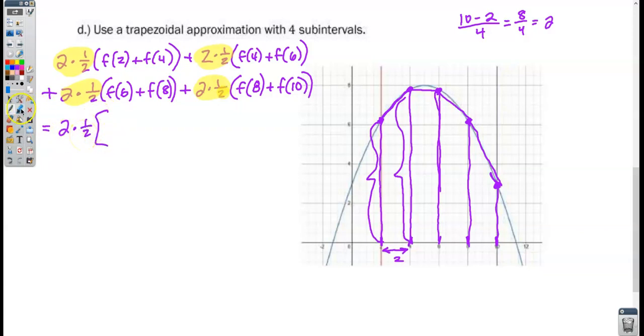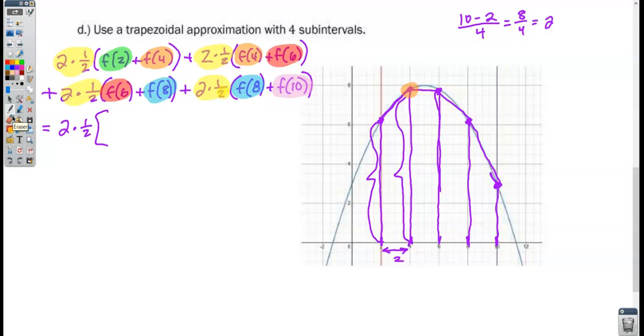But then if I look at these other measurements, you see what happens here. I've got f of 2, and then f of 4 appears twice, as the right endpoint of the first trapezoid and the left endpoint of the second. And then f of 6 also appears twice. And then f of 8 also appears twice. But then f of 10 only appears once.